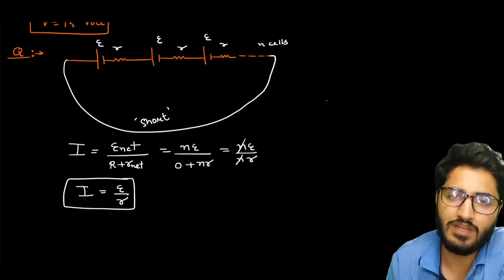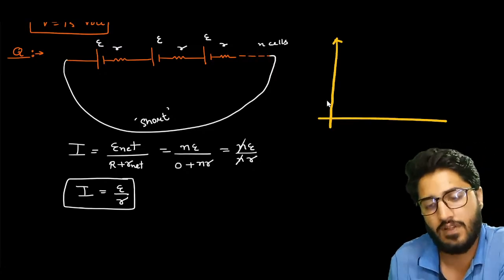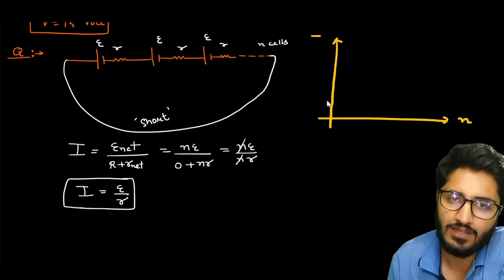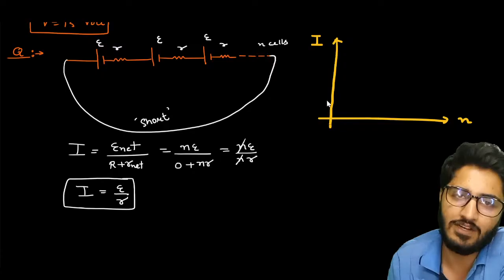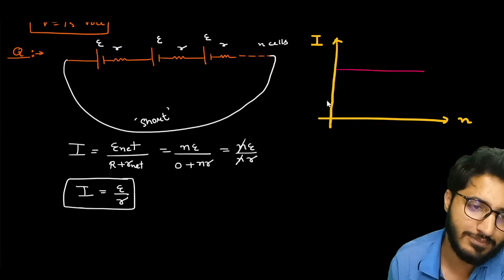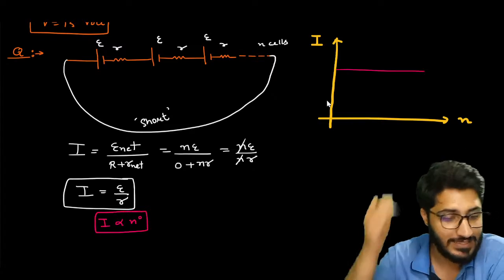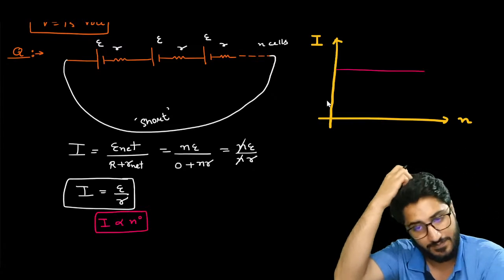Now if somebody asks you to make a graph between n number of cells and current I, my graph will be a straight line graph. Do you know why? Because current is independent of n.